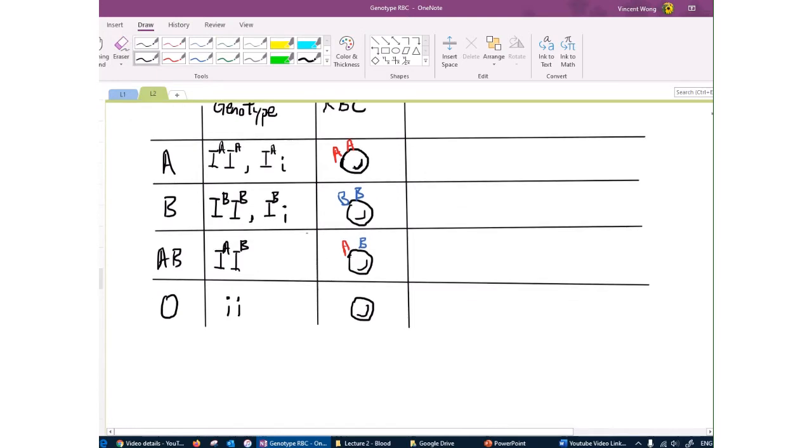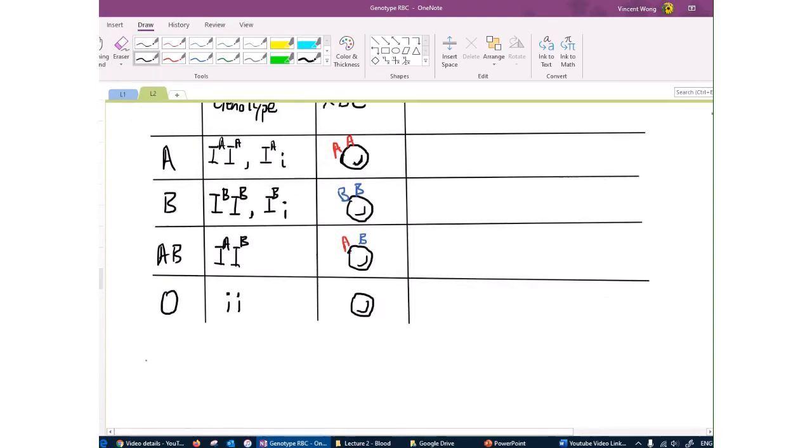Now, antibodies. I'm just gonna do a quick note here. Antibodies are basically Y-shaped proteins that your body makes, and they are going to be found in the plasma.